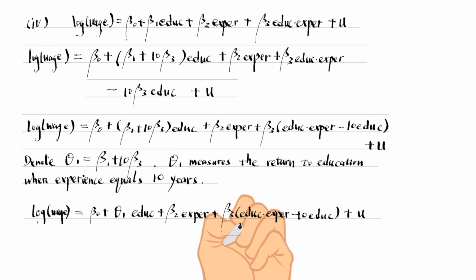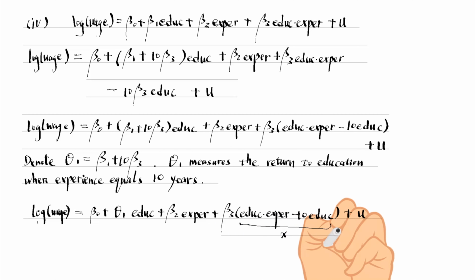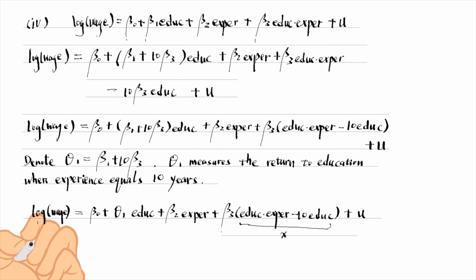We generate a new variable x equal to education times experience minus 10 times education. Then we regress the log wage on education, experience and the new variable x. The estimated coefficient on education is the theta1.